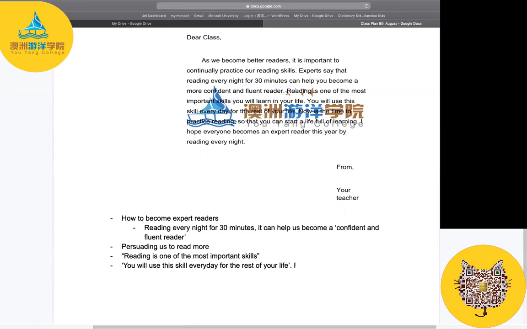Yes. Okay. The reader will feel more confident to read and will believe that reading is very important.